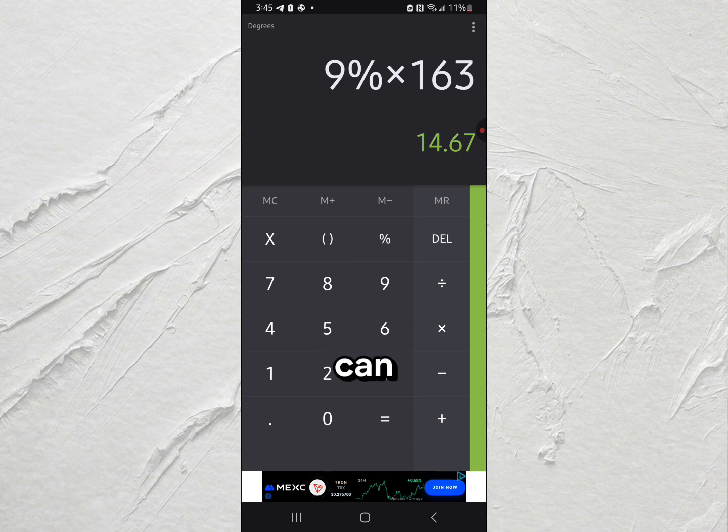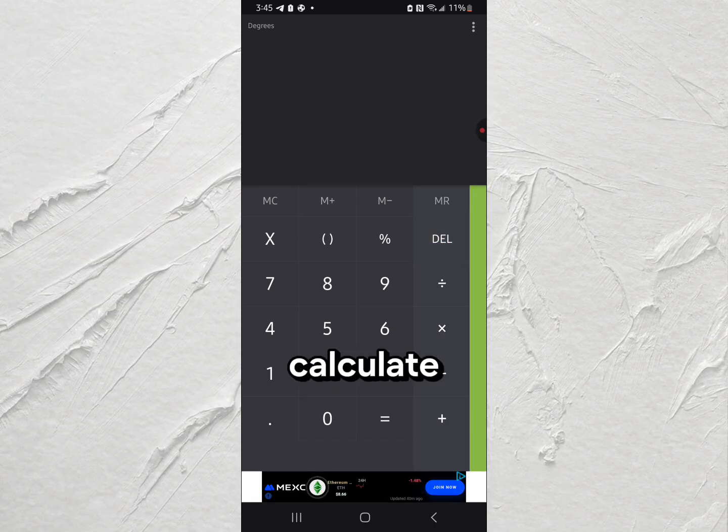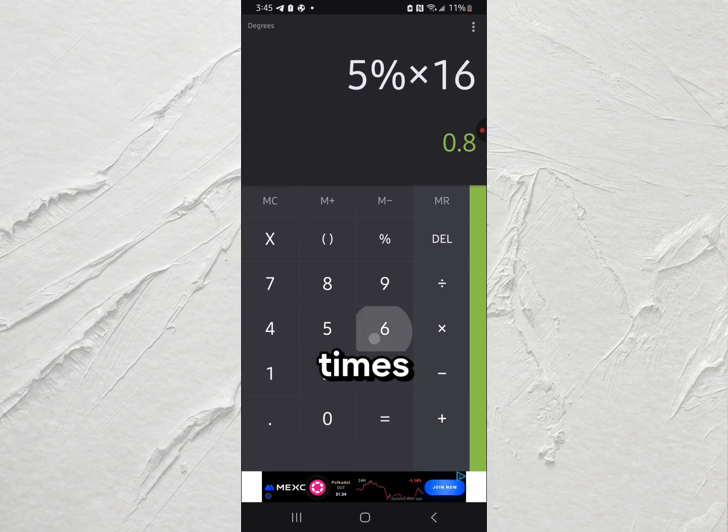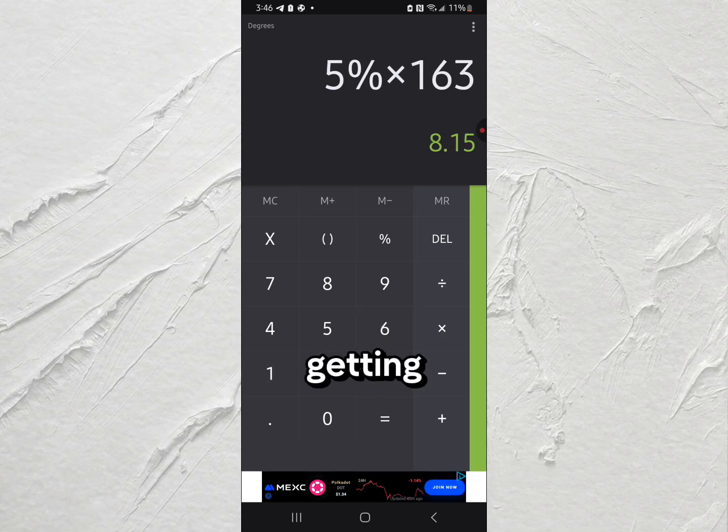So you can use that portfolio size to determine how much you are going to be losing if the market goes against you. You can also use it to calculate if the market goes in your favor, let's say the market increases about 5% from your entry point to now. 5% times 163, you're going to be getting 8.